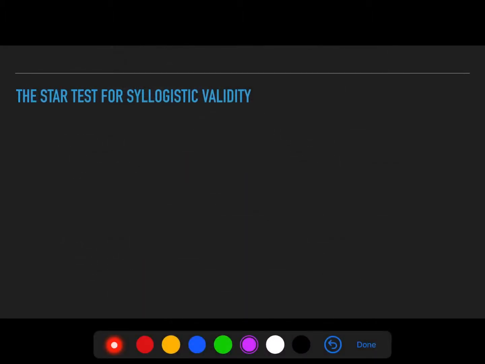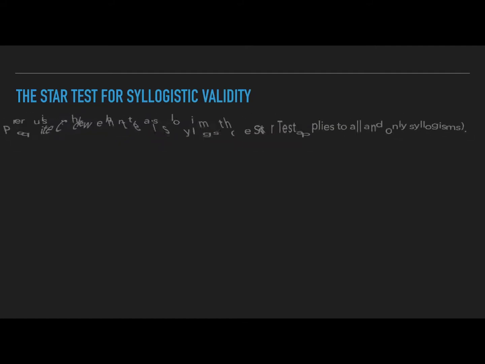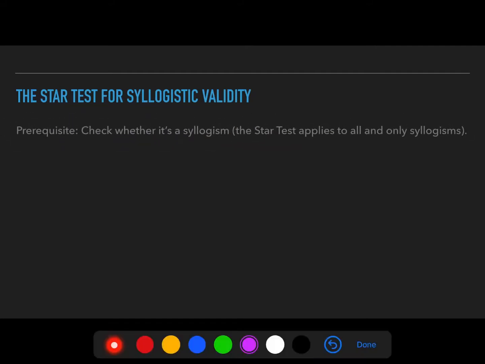Now the star test for syllogistic validity. Now that we have the prerequisites, we know what counts as a syllogism, and we know what a distributed letter is, we can understand the star test. So first of all, we have to remember that the star test only applies to syllogisms.